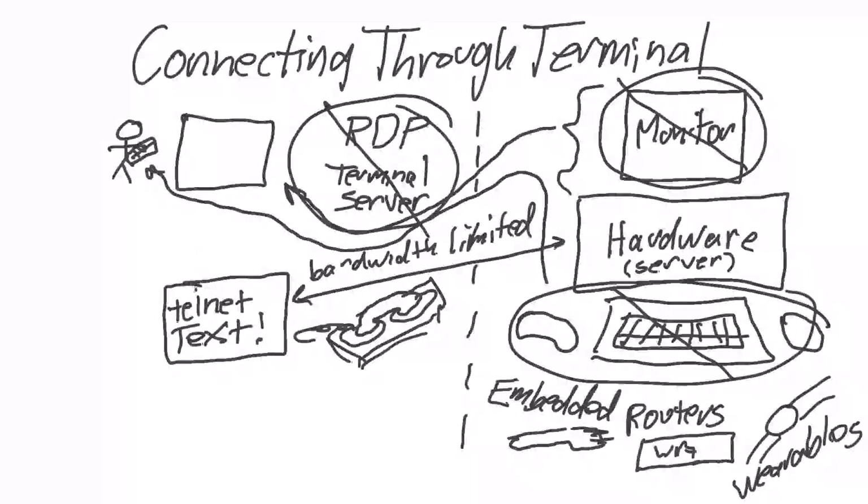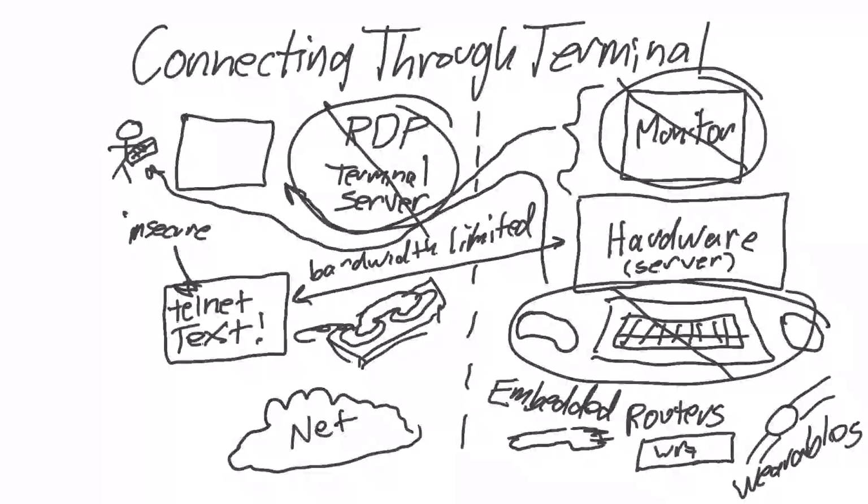Now, telnet, turned out, is insecure. And what's worse is that no one's connecting directly over phone lines anymore. They're connecting through this cloud that's sitting in the middle, called the net, or the internet, which also is not very secure. So what happened is that this old telnet way of connecting through type-in text has been replaced.